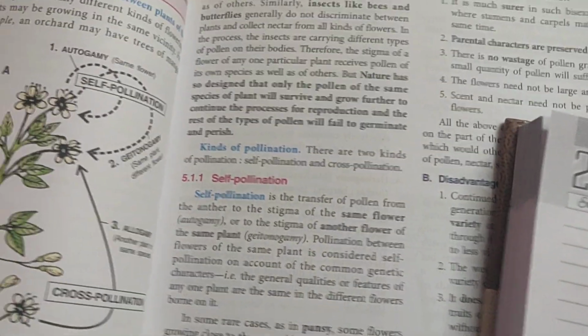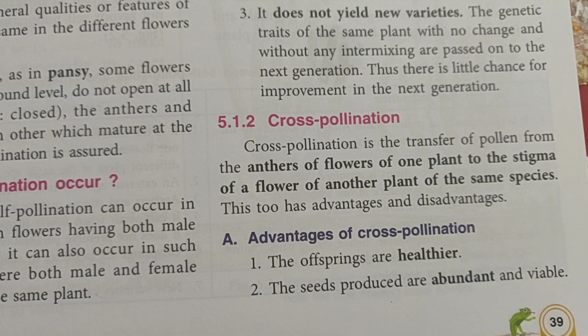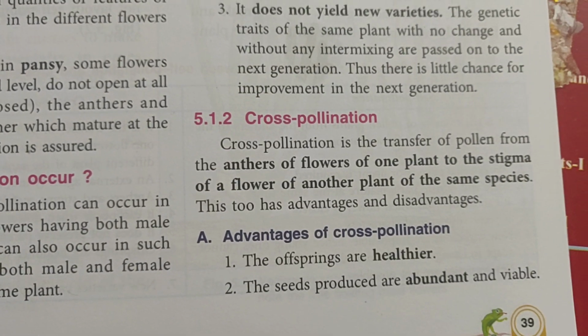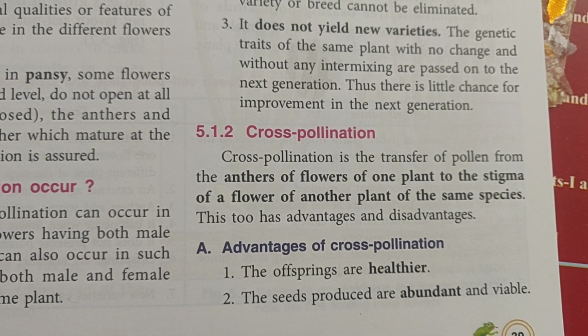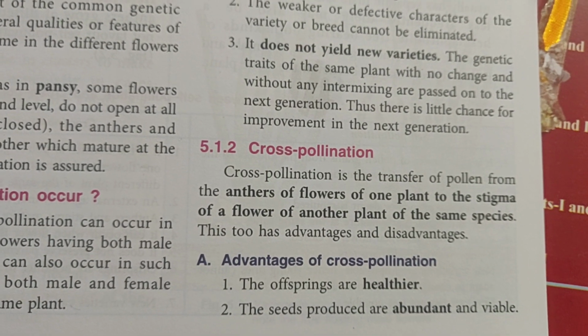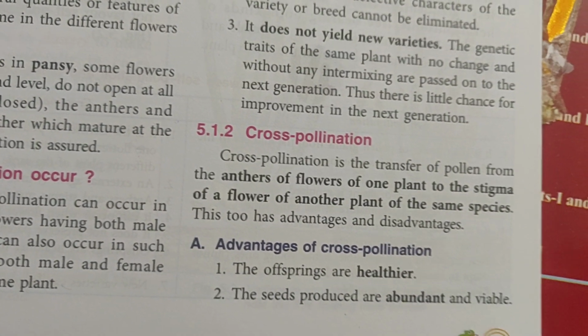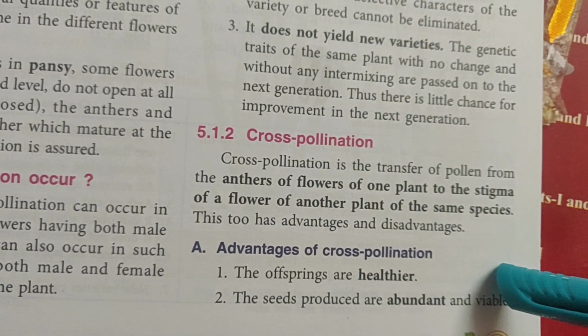Coming to cross-pollination, this transfer of pollen grain from the anther to the stigma takes place to a flower of another plant, but it has to be of the same species. So the allogamy part that we learnt previously, that's what cross-pollination is.